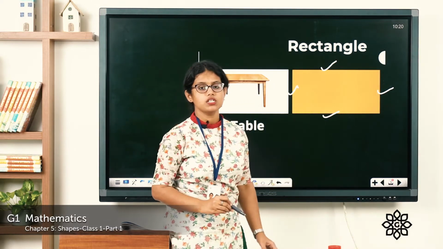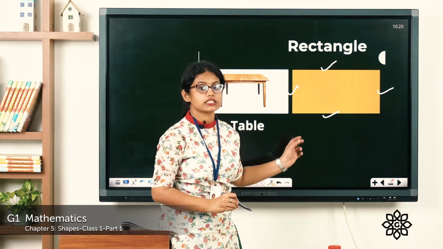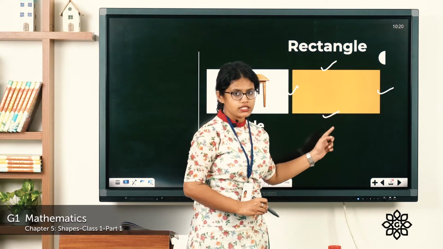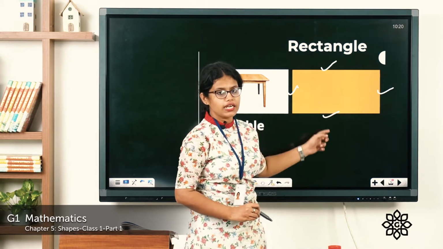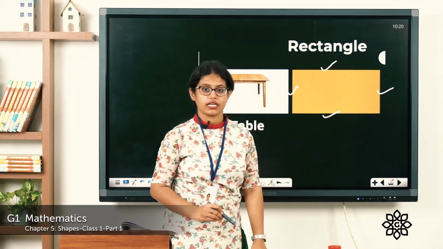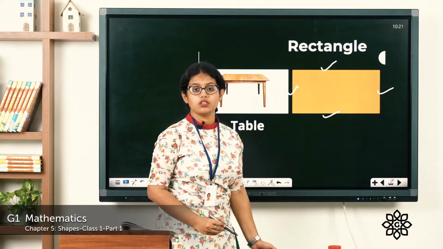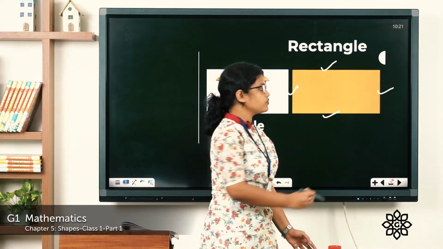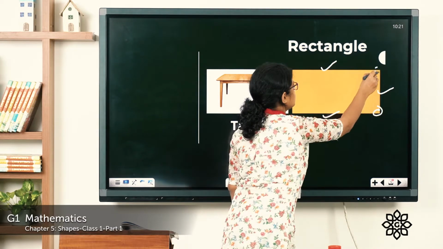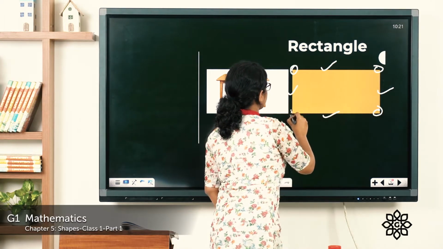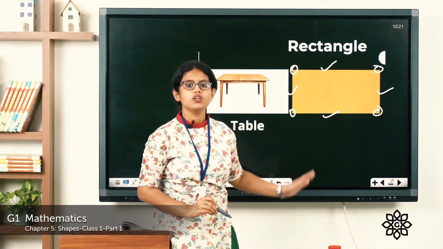And this shape is a rectangle. A rectangle has four sides with two longer sides and two shorter sides. And how many corners does it have? 1, 2, 3, 4. So it has four corners.